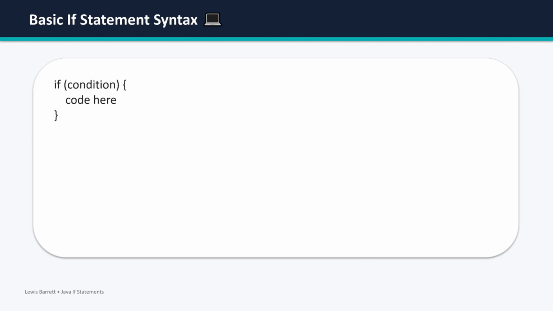So basically, here is the simple if statement. First things first, we write the word if, and inside these brackets is our condition. In the next example, it will be: if age is greater than or equal to 18, close bracket, open the curly bracket.